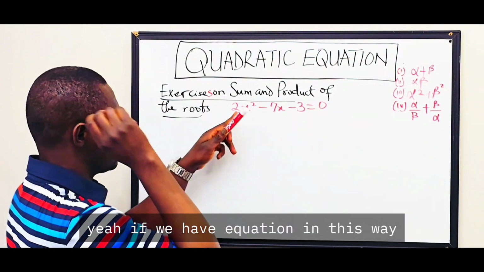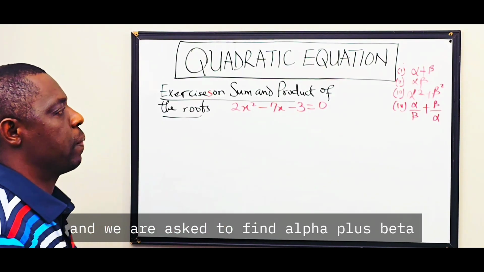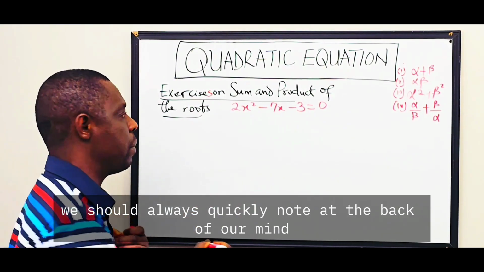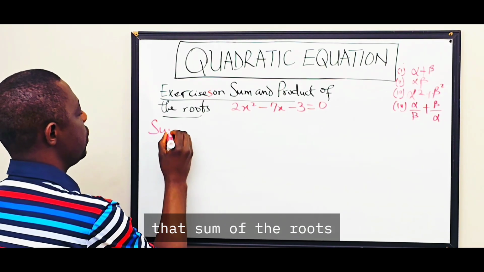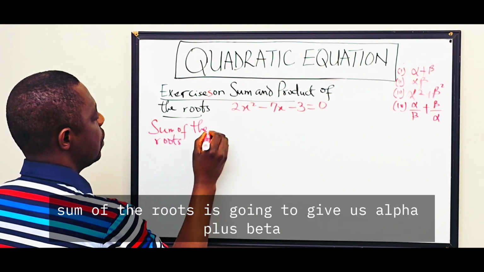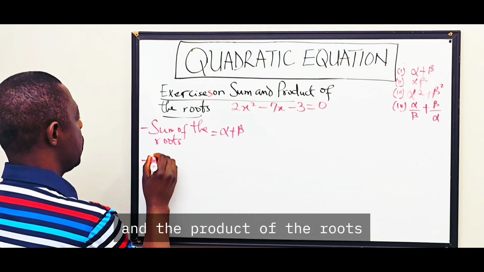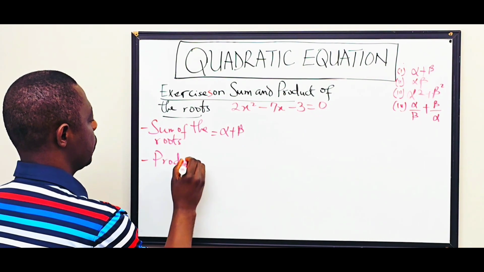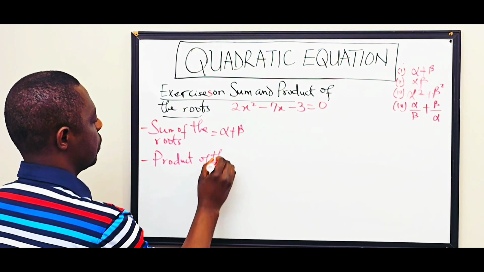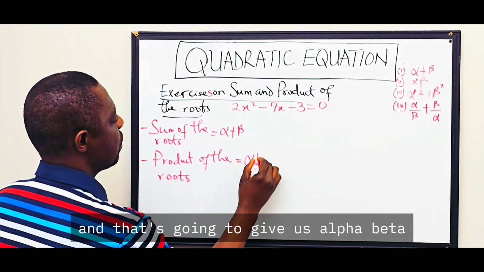If we have an equation this way and we are asked to find alpha plus beta, we should always quickly note at the back of our mind that the sum of the roots is going to give us alpha plus beta, and the product of the roots is going to give us alpha beta.